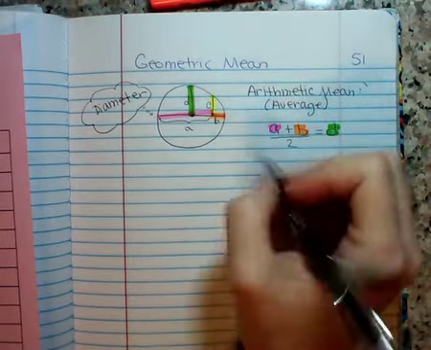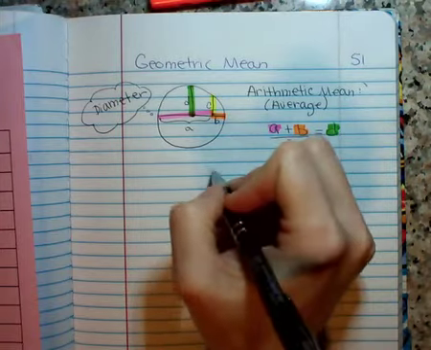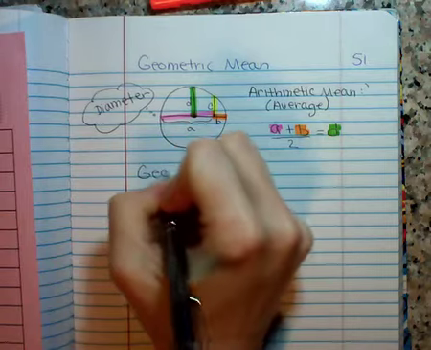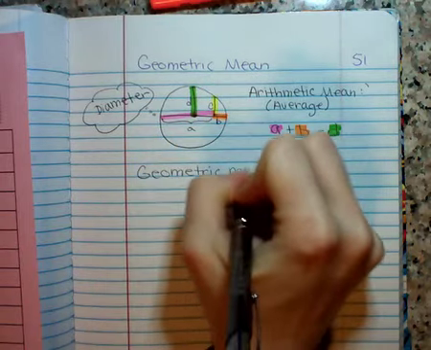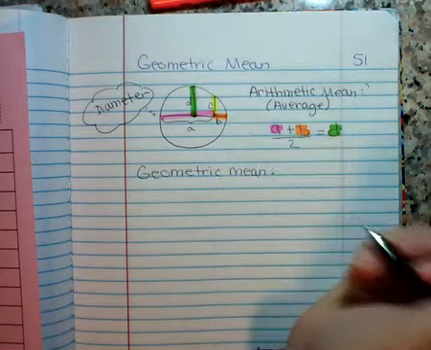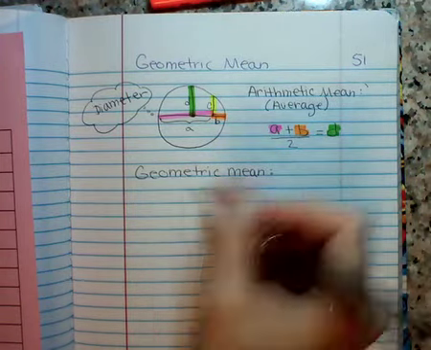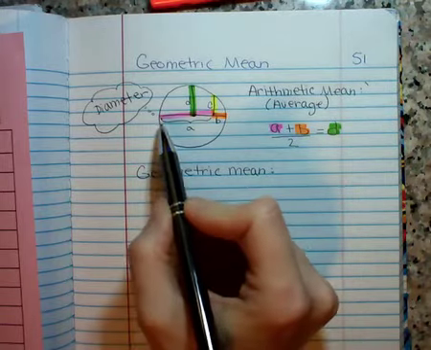So instead of finding the arithmetic mean, we're going to start looking at finding the geometric mean. So we have two different ways that we can write the equation for the geometric mean. We can use our relationships in chords.